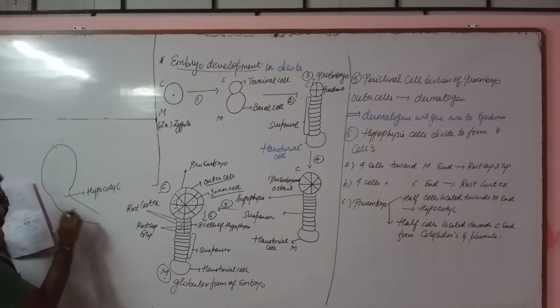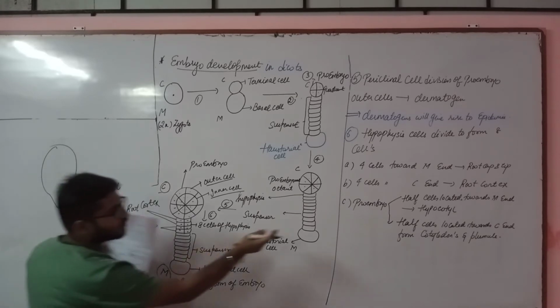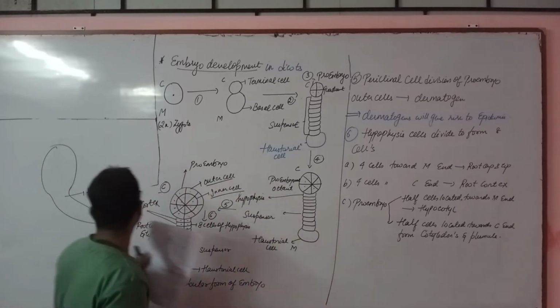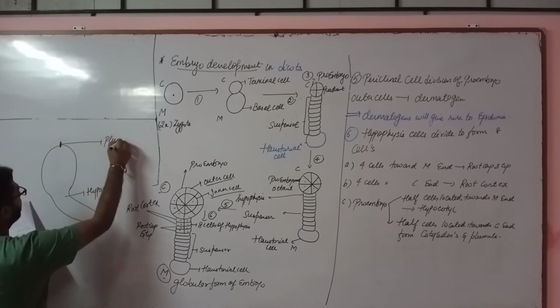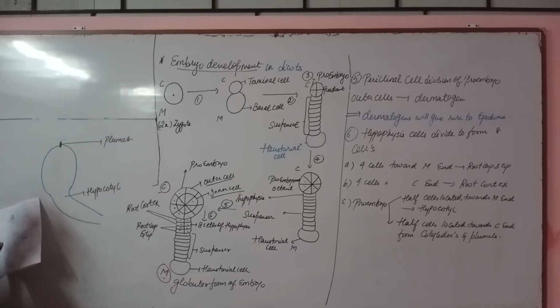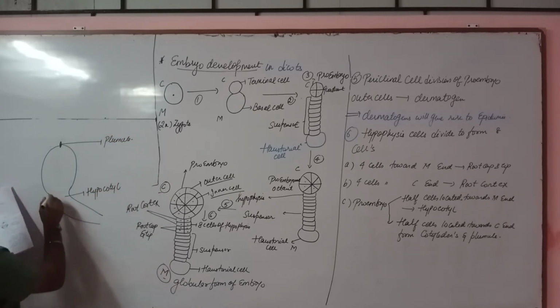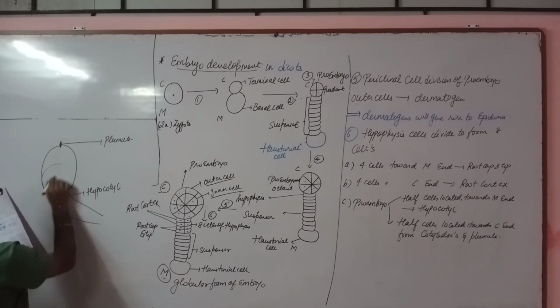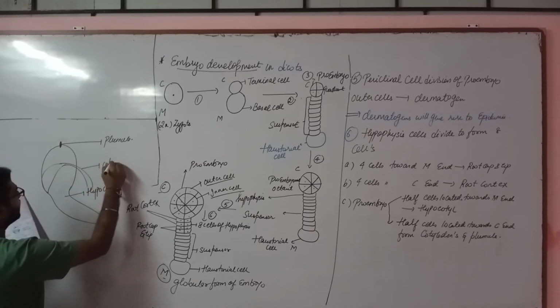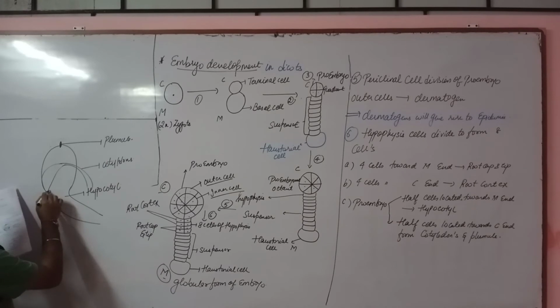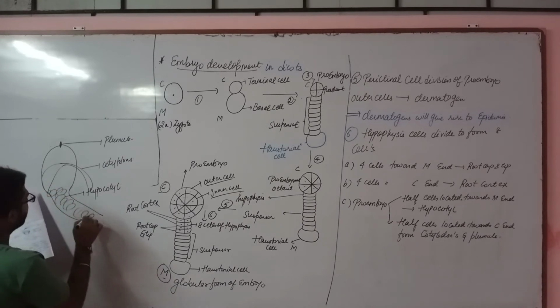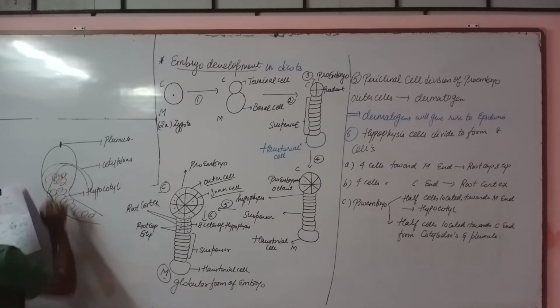Now, before hypocotyle, the cotyledons and plumule also develop. So let us say this is the centralmost part which will give rise to plumule, and the cotyledons are still remaining. So this is the region of cotyledons, and the entire cell mass is accumulated in between, right?